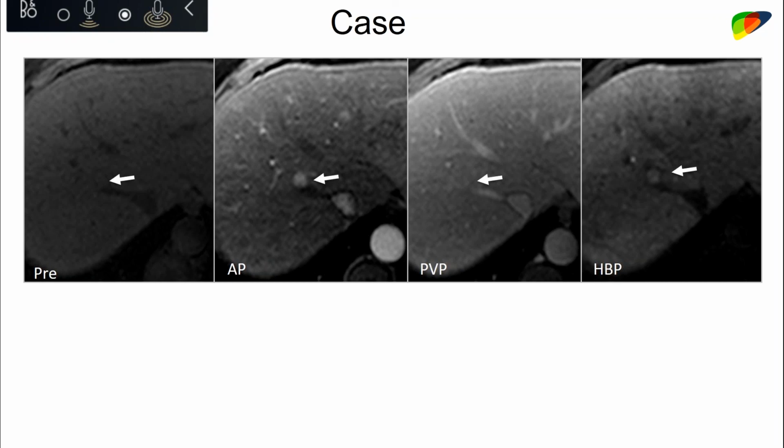Number two, it's a very interesting question, which is, does the presence of a second lesion affect the categorization of the index lesion? And the answer in 2020 is that it does not change the LI-RADS category.